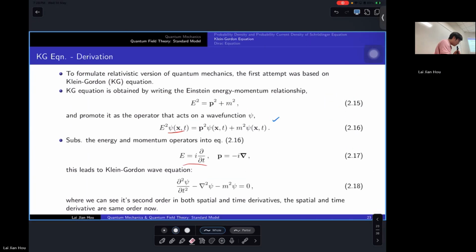I think the spatial part and also the time part will be changed after the Lorentz transformation.